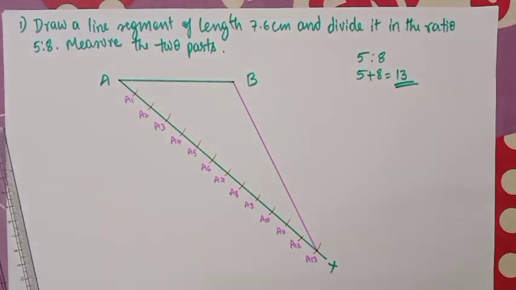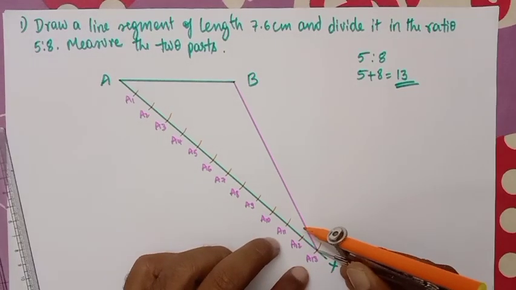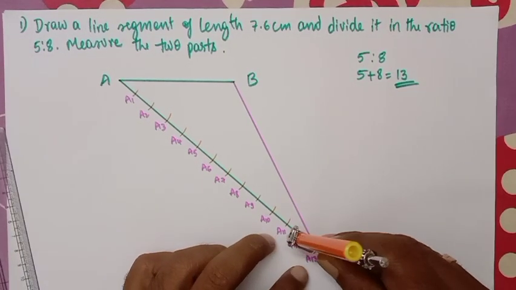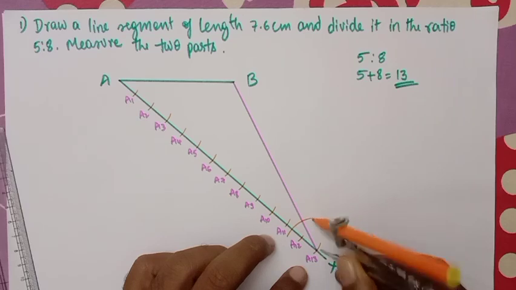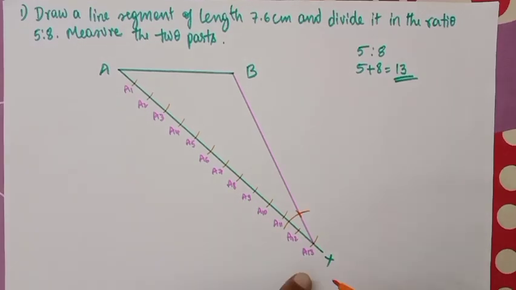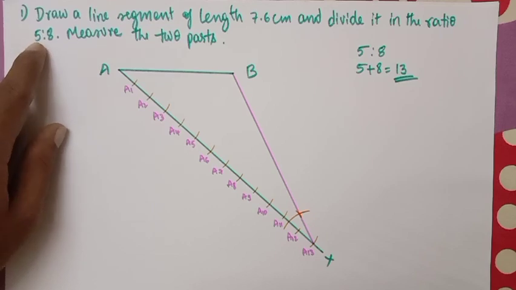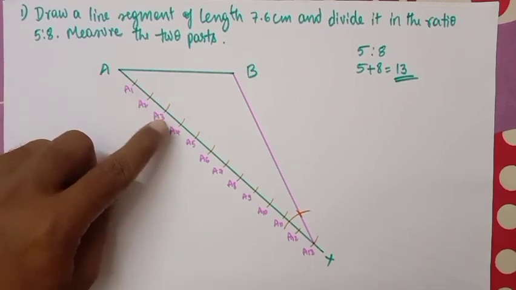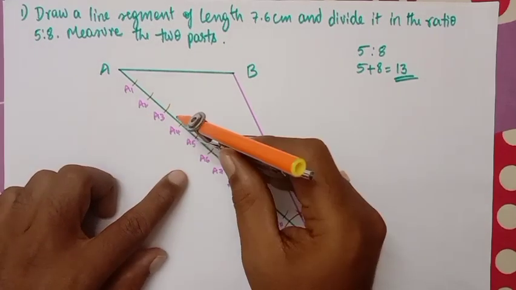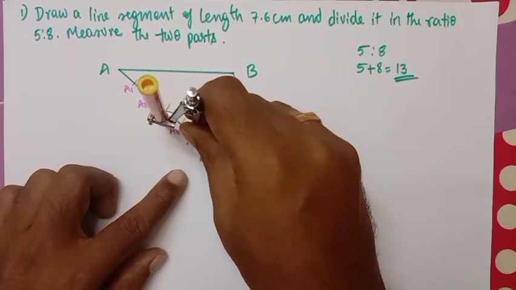And then afterwards, we should take our compass and draw an arc from A3. Next, you should draw an arc from A5, as it is 5: A1, A2, A3, A4, A5.